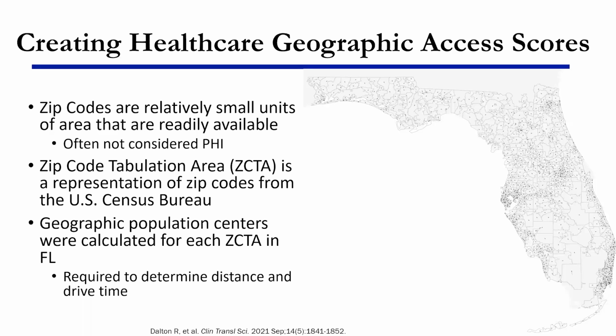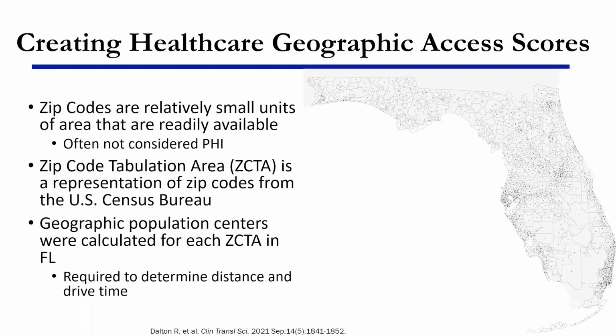The third metric we're using is the healthcare geographic access score, and we've basically adapted this from others who have used similar access scores to answer different questions. Basically, we start with a zip code, a relatively small unit of area created by the Postal Service, really designed mostly for mail delivery.